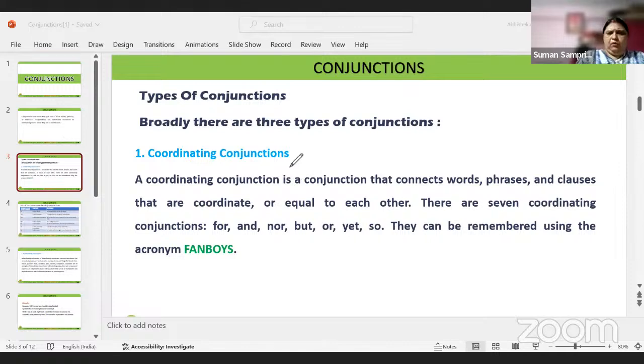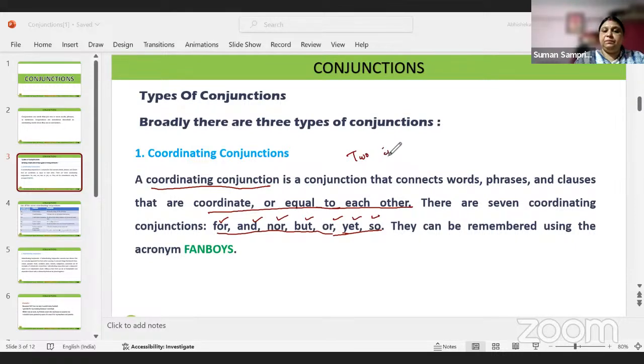So remember, when we are using a coordinating conjunction, out of all these seven conjunctions, whenever we are connecting equal parts, two important words, two important phrases, or two important clauses.